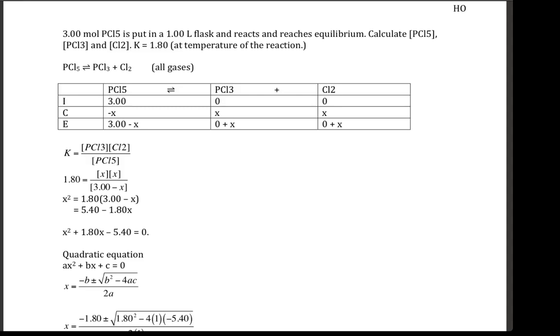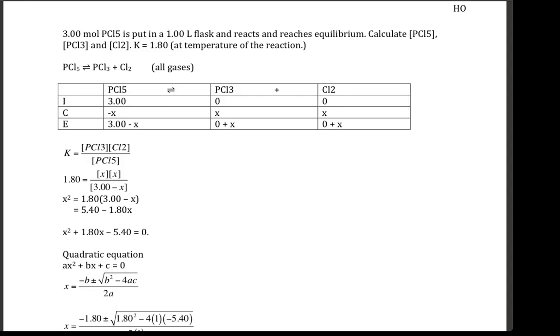Our reaction is PCl5 in equilibrium with PCl3 plus Cl2. They're all gases, so they're all part of the equilibrium expression. Now, this problem differs from the last two in that we're given K and we're after equilibrium concentrations.